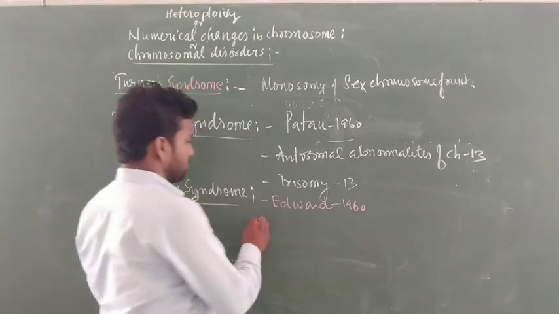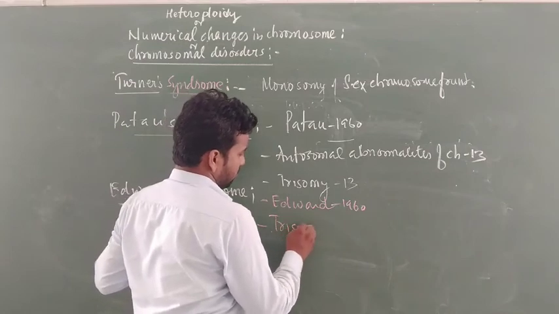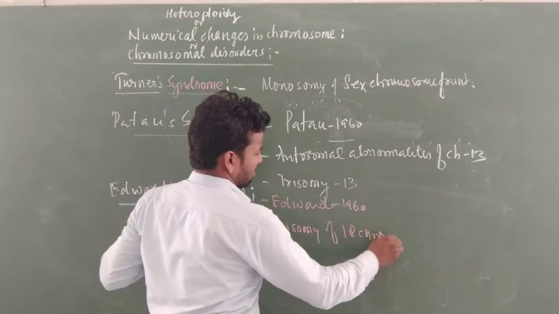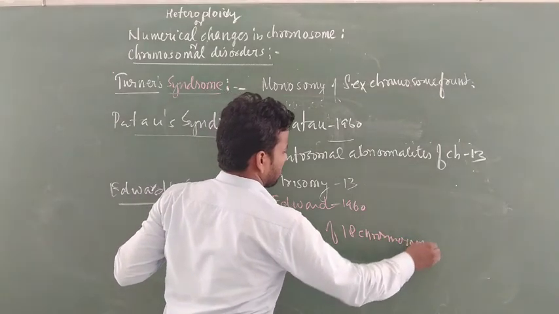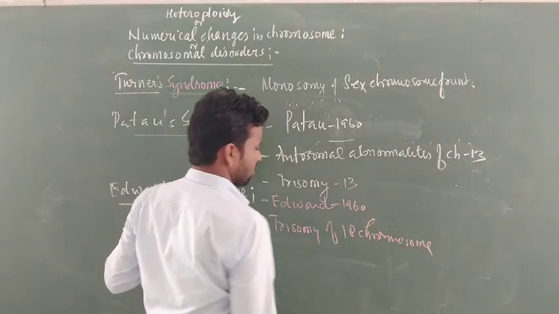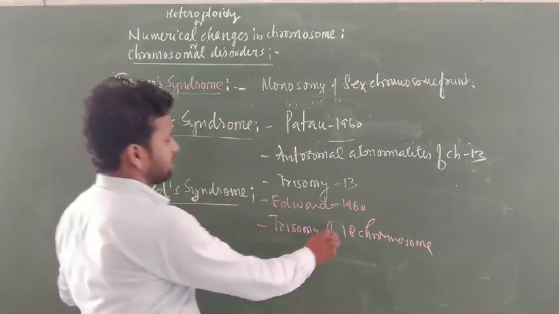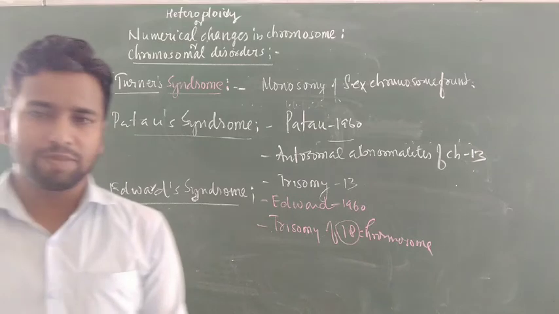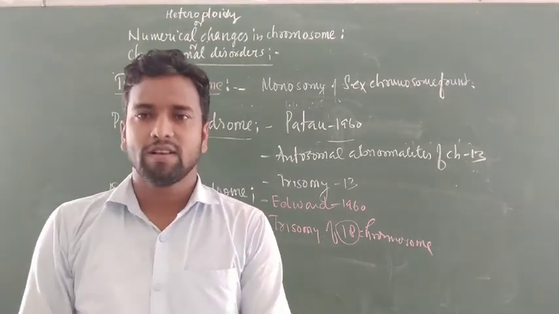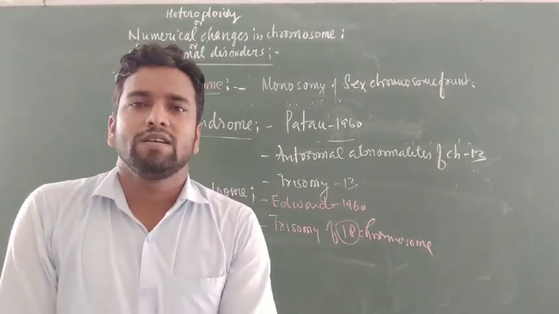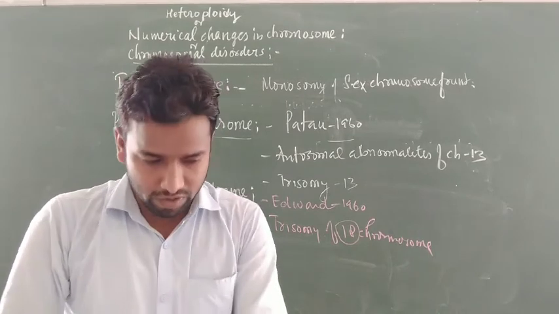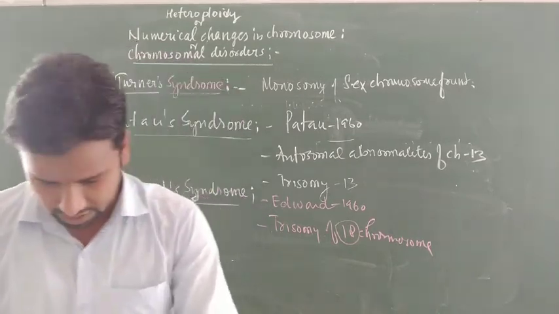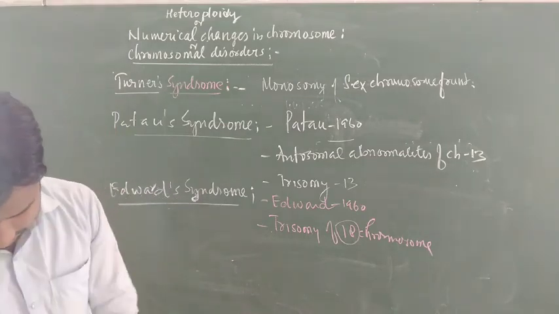This is a trisomy of 18 chromosome, which means the 18th chromosome is present in 3 copies. Already 2 copies are present in normal body cells, but it becomes 3 in the individual due to trisomy of 18 chromosomes. It is a type of divisional abnormality.